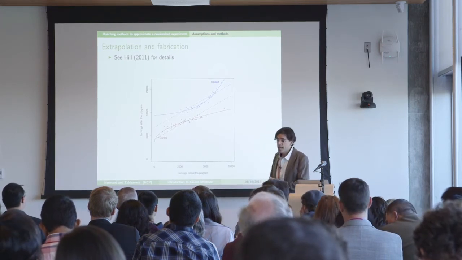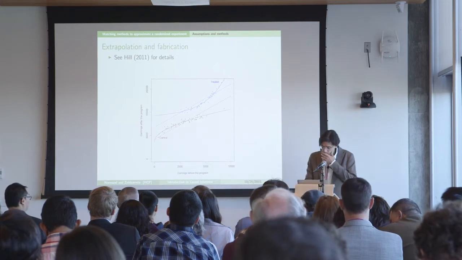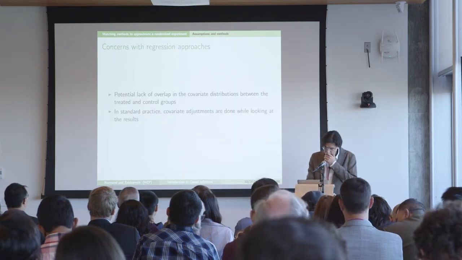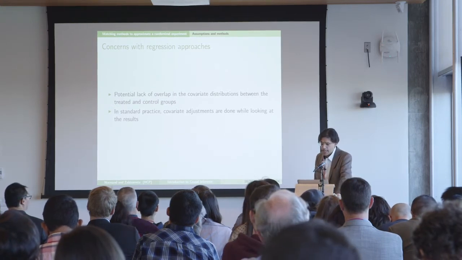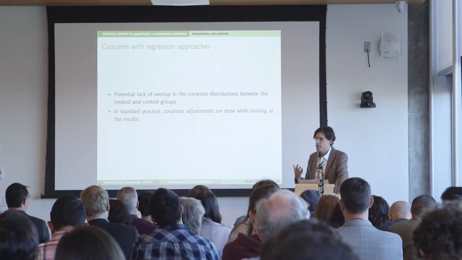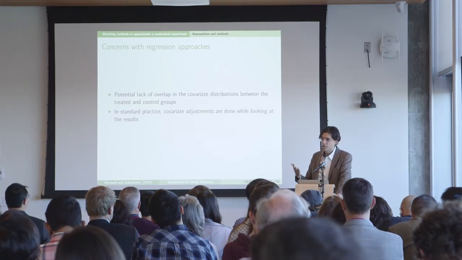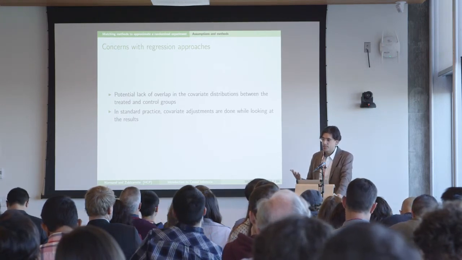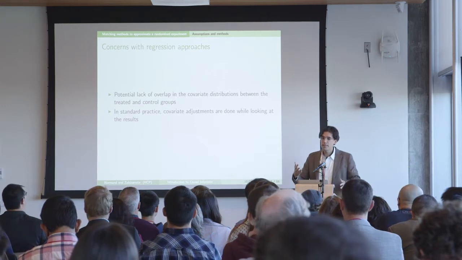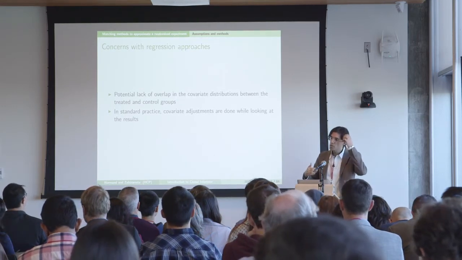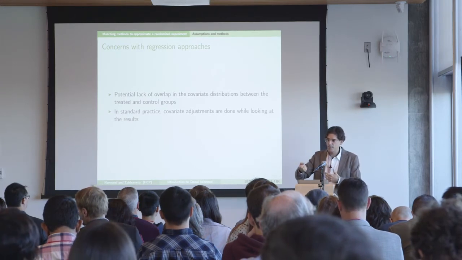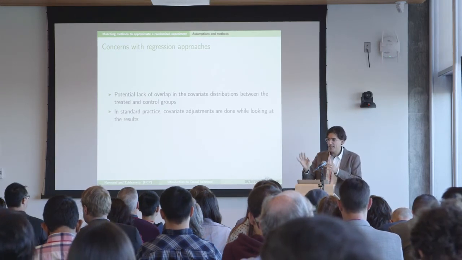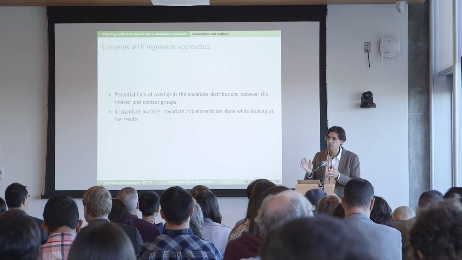All right? And the other thing is this point that Don Rubin has been making for quite some time, that is that in practice, we want to blind ourselves when doing the statistical adjustments. In a randomized experiment, we never got to see the outcomes until after we did the experiment, right? So we were blinded to see the effectiveness of treatment.